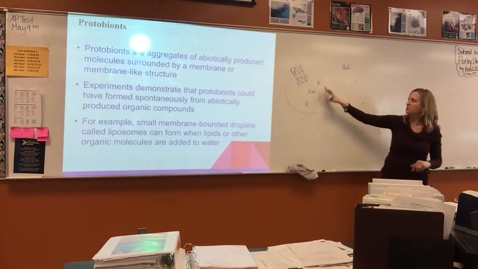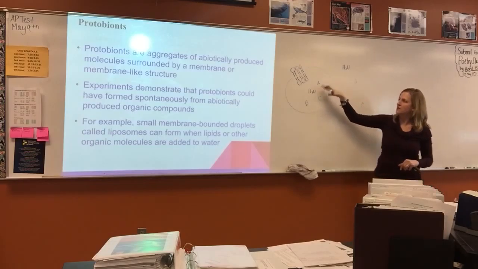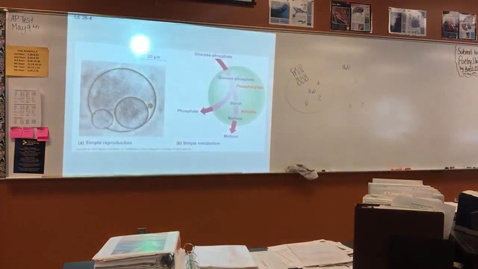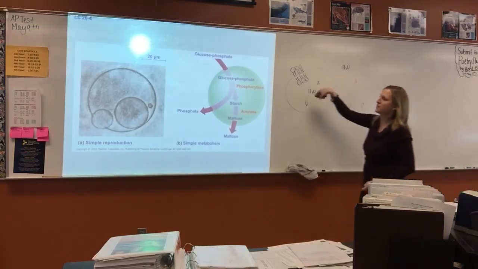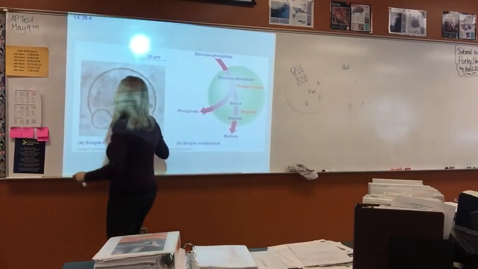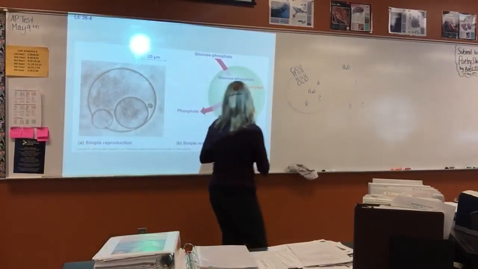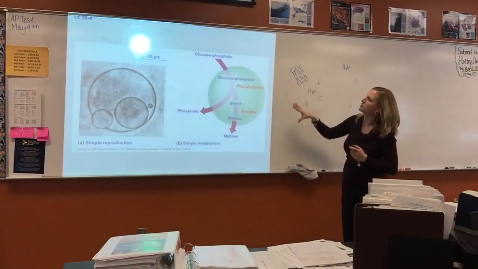So this would kind of be like the precursor to the cytoplasm and extracellular fluid, which is what this picture here is showing you, that these are actual pictures of these forming. So each one of these little circles are a different kind of protobiont or precursor to the cell.